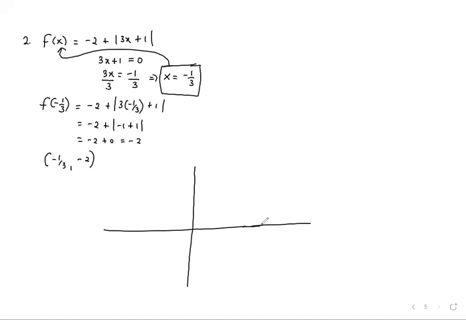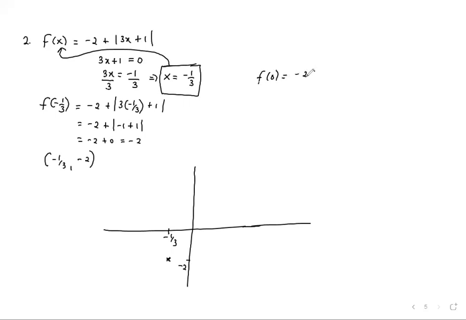The starting point is known, -1/3, -2. So this is our starting point. So let's pick a number bigger than -1/3. Now, if we have a negative number, to your right, you pick 0, so that you have an opportunity to also know the y-intercept.